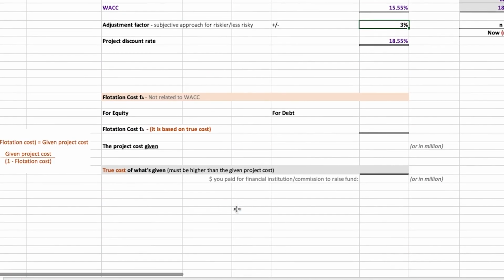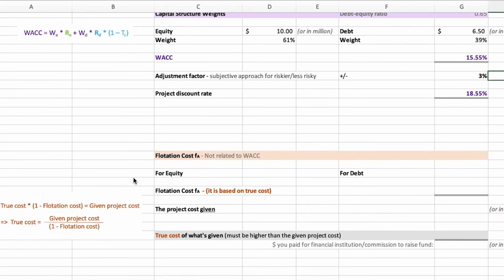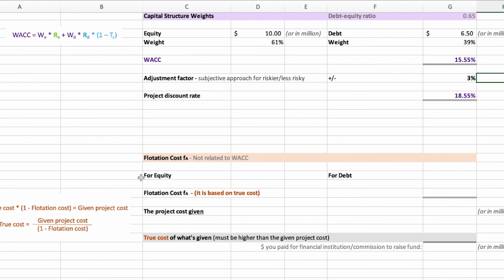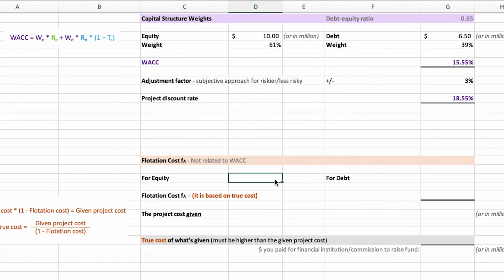And then is the flotation cost. Flotation cost simply means the money a company needs to pay in order to raise capital from the stock or bond market. It is not related to WACC, but it does relate to the weight of both equity and debt. So let's say for equity, in order to raise capital from the stock market, it requires 7% of the cost, and for debt, let's assume 4%.